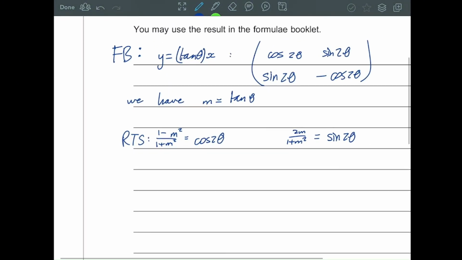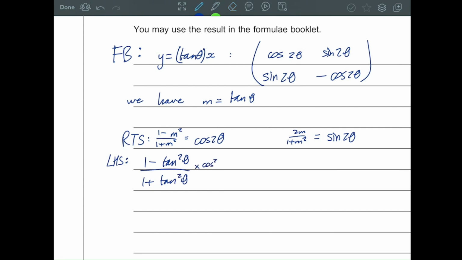So let's try. The left-hand side is the much more complicated one. So 1 minus tan squared over 1 plus tan squared theta is what I'm dealing with. The simplest way to deal with that is probably to turn everything back into sines and cosines, our normal technique.